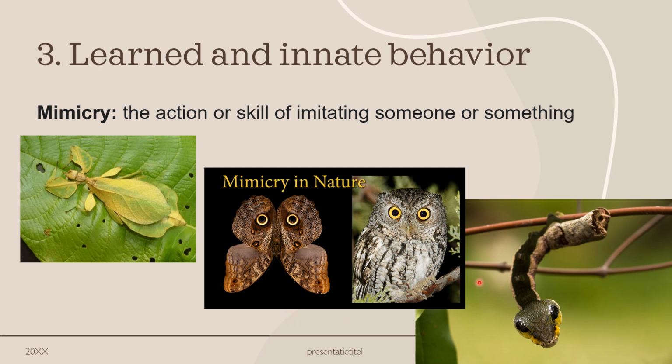And the last one, and also the last thing I want to tell you in this lesson, is the snake caterpillar. So this is a caterpillar, and you see it's got a head. It's not really the head, but it looks like it, like a snake. So here again, it's a defensive behavior.